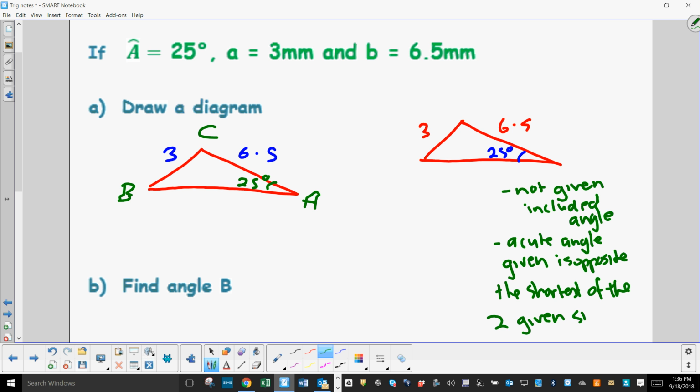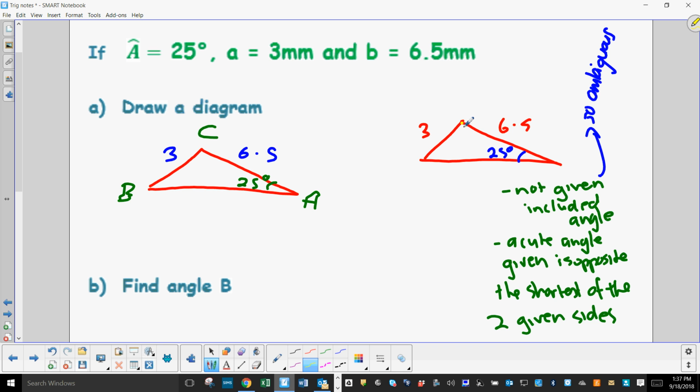So we have ambiguity. It just means that when it comes to using a sine rule, we'd have to find one angle, and then we'd have to find the alternative version of the angle. I'm just showing you that if that side 3 is here, you can swing it so that instead it goes down this way.